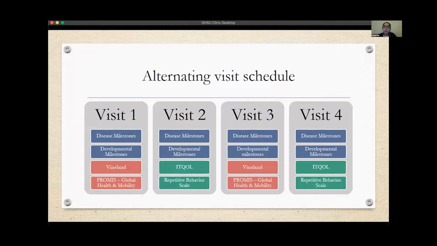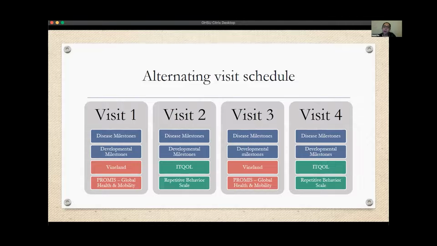And the other thing we wanted to make sure was to try to limit the burden on families as much as possible. Those of you who work with children know how long the Vineland and the ITQOL can be. So what we came up with was a way to alternate which questions they get asked. At every visit, they get asked the disease milestones and the developmental milestone questions.